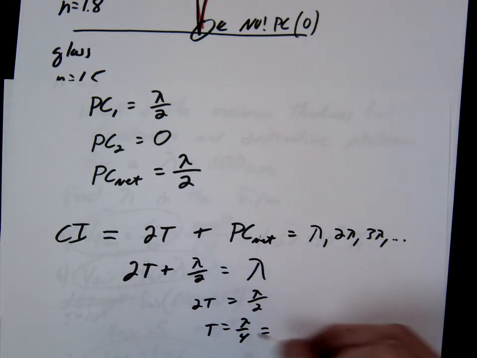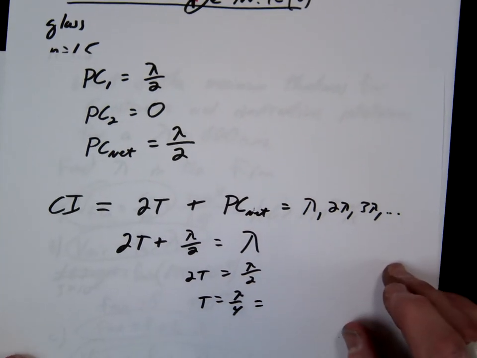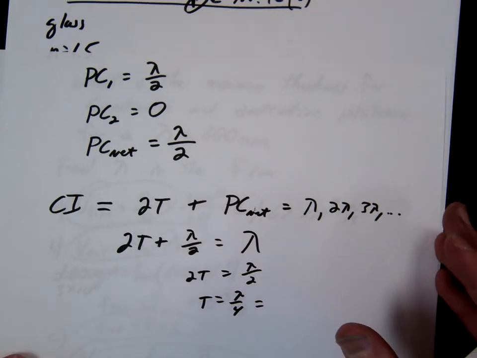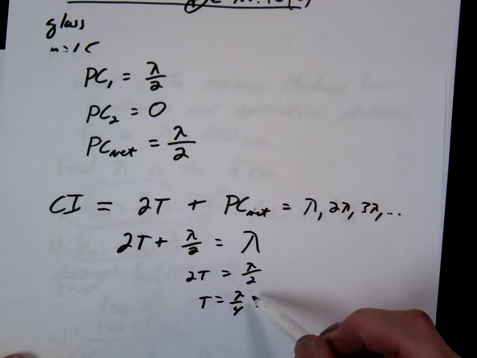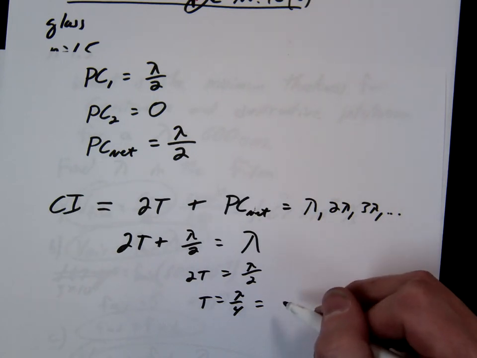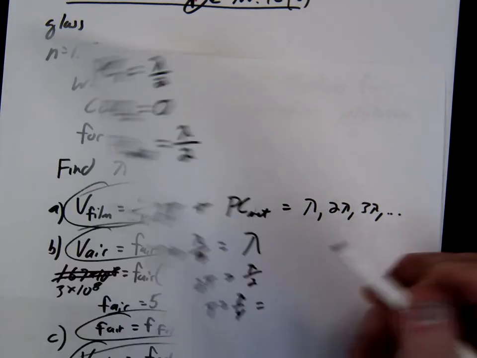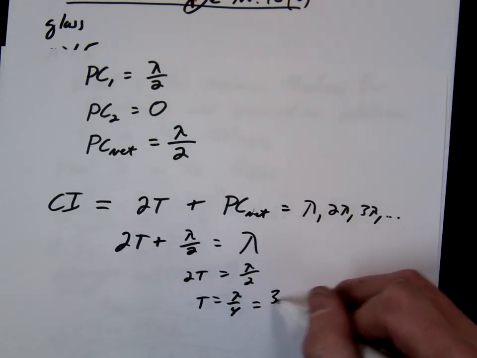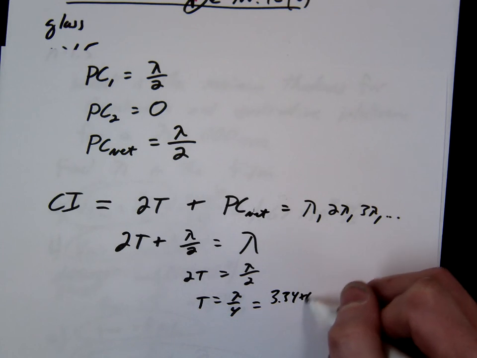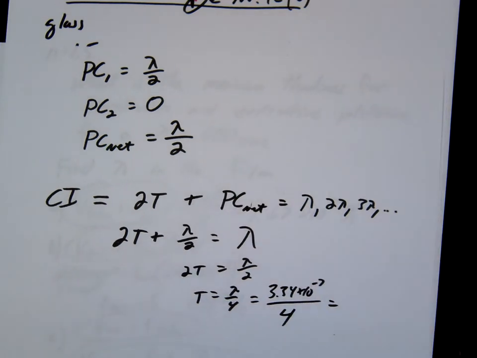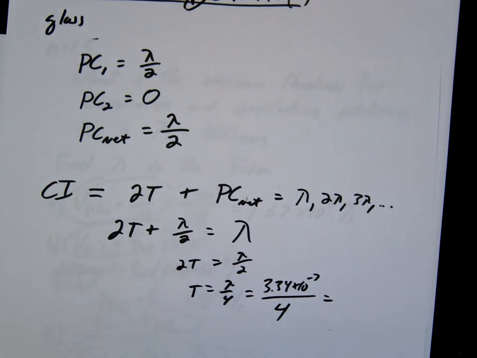And now which lambda do I use here? This is where people always make the mistake. They did all that work and then they use the wrong lambda. Is this the lambda in air or the lambda in the coating? Coating. So you do have to use the lambda in the coating. So we use, what was it? 334. .34 times 10 to the negative 7 divided by 4.